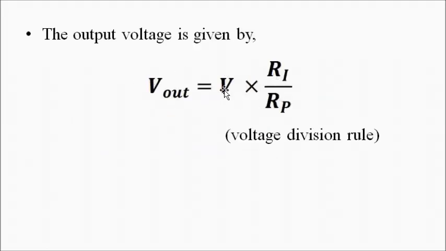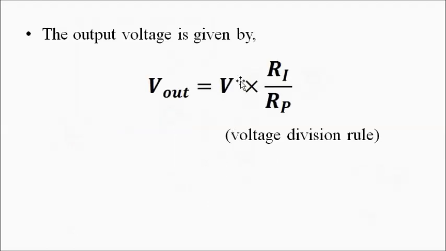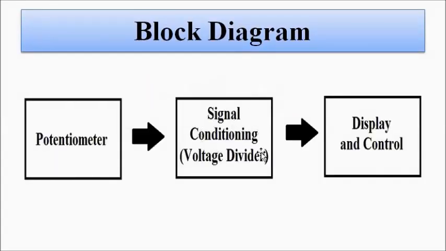Applying voltage division rule, we get the output voltage is the supply voltage, simple application of voltage division rule, and we get this value. And then after the output is obtained, it is then fed to suitable signal conditioning circuitry for amplification, filtering of noise and interference signal, frequency response matching, linearization of the output, and then it is given to the display.